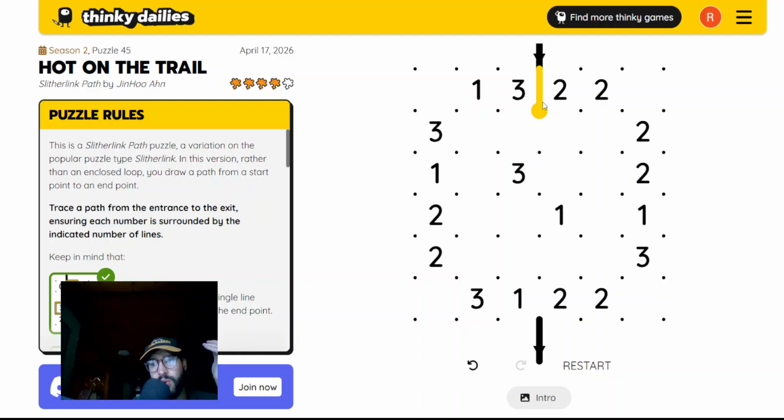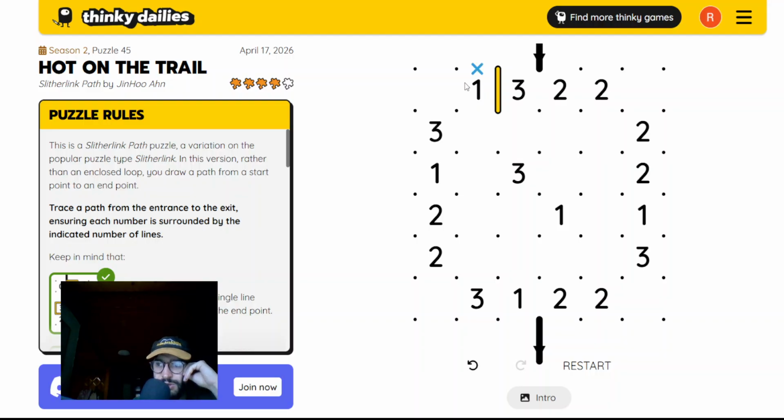That means I have to go either down or to the left. If I go down, then I have to do like this. I just have to. And if I go to the left, then I have to do like this. Regardless of what I do, this one will always have this guy here.